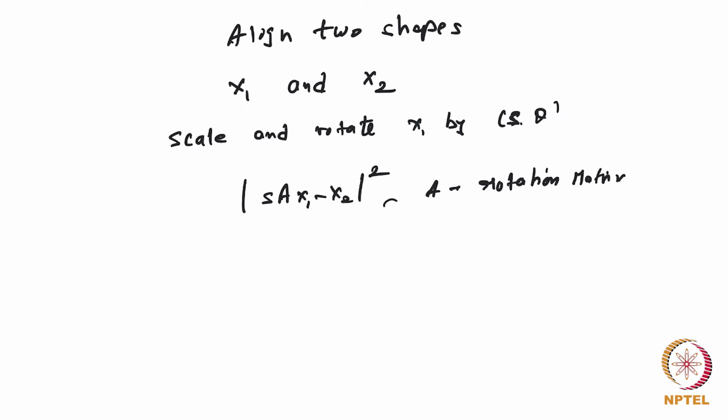So it turns out the solution to this optimization problem, where we minimize this loss function with respect to the parameters that we want to estimate, gives us the following formula.